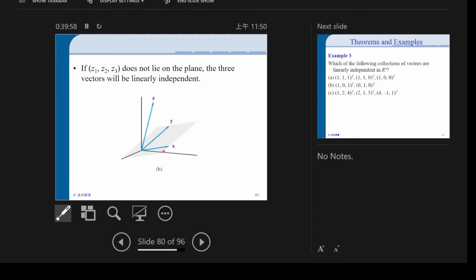But if your z is outside of the plane spanned by x and y, then they will be linearly independent. So here is a bit of geometric intuition about linear dependence, and we'll talk about more properties of linear independence on Wednesday.